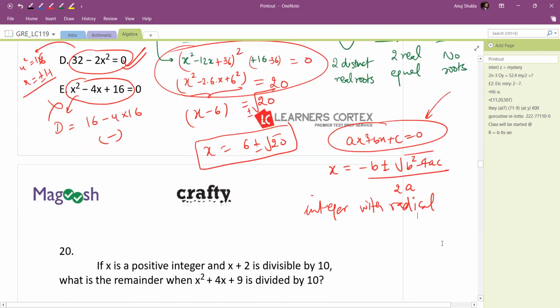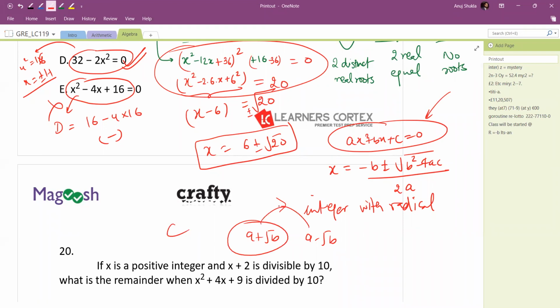Radical means if one root is a plus root b, the next root will be a minus root b only. With that, you cannot say that one root is a plus root b and another root is something like c. The radical roots always exist in a pair. Or the better language is irrational roots always come in pairs.